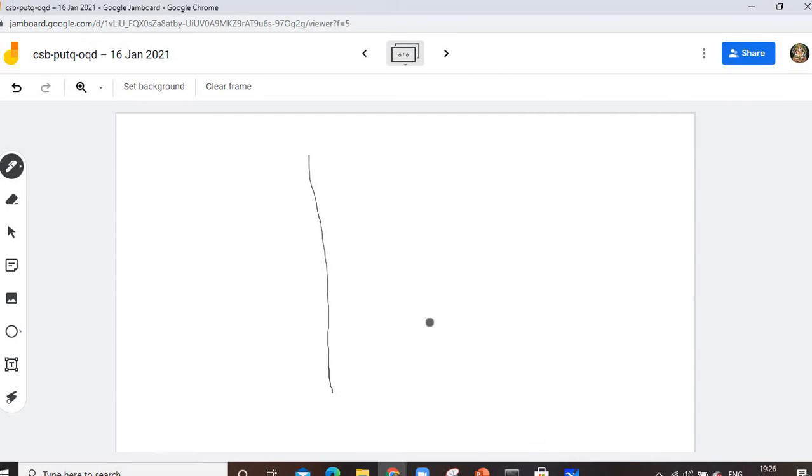The curve will look like this: some data points will be here, here and here, and it joins the data points in an S manner, like an S curve.